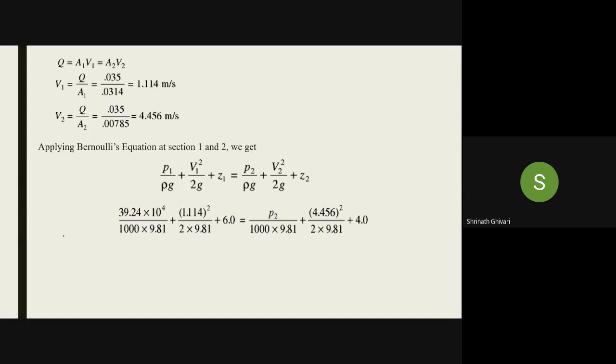How much is the answer? Sir, 343.85 into 10 to the power 3 Newton per meter square. No, wrong. 34.38 into 10 raised to 4. No, wrong. Try.